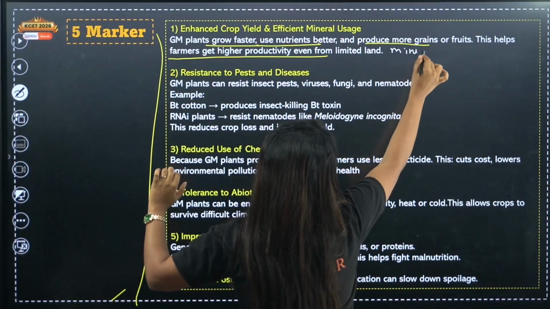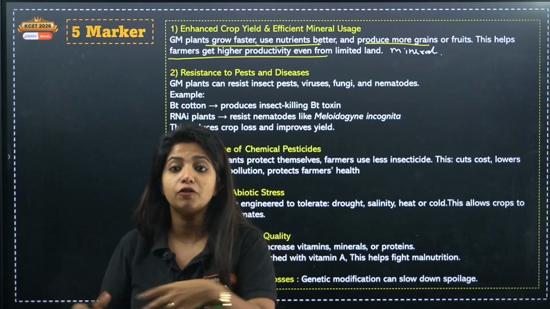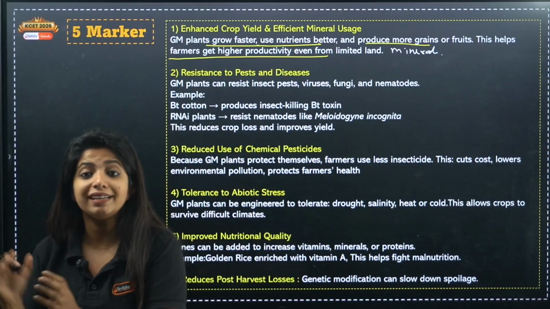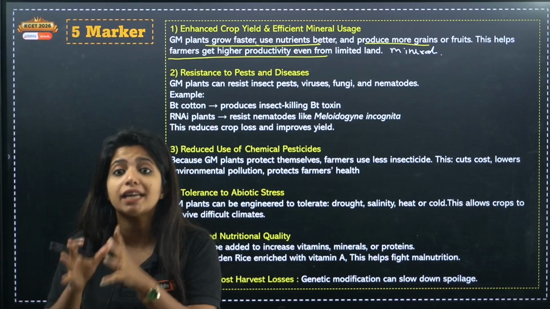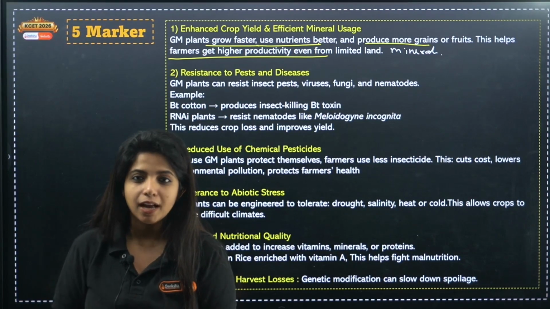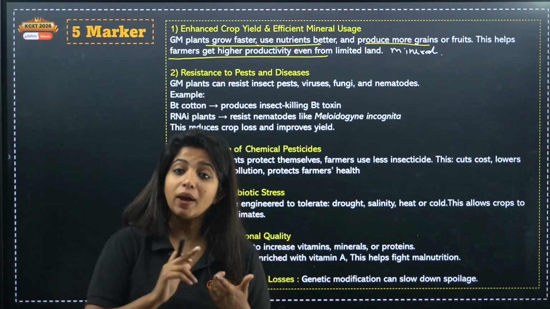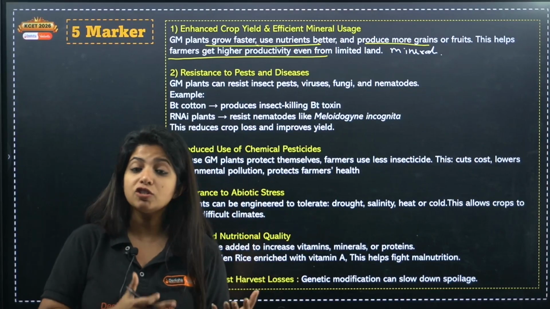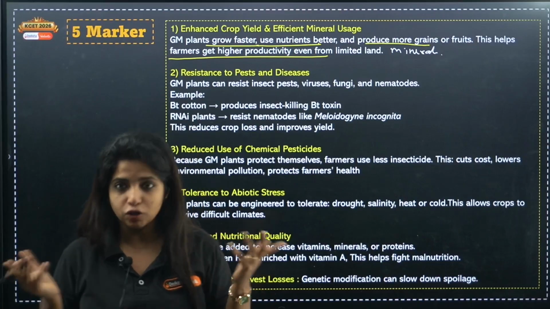If there was a plant that needed XYZ for survival, but now it does not need XYZ and can survive properly on just X, don't you think it will be a good deal? Because obviously the farmers would not have to buy a lot of stuff. So enhanced crop yield and efficient mineral usage is one thing that helps the farmers, human beings.